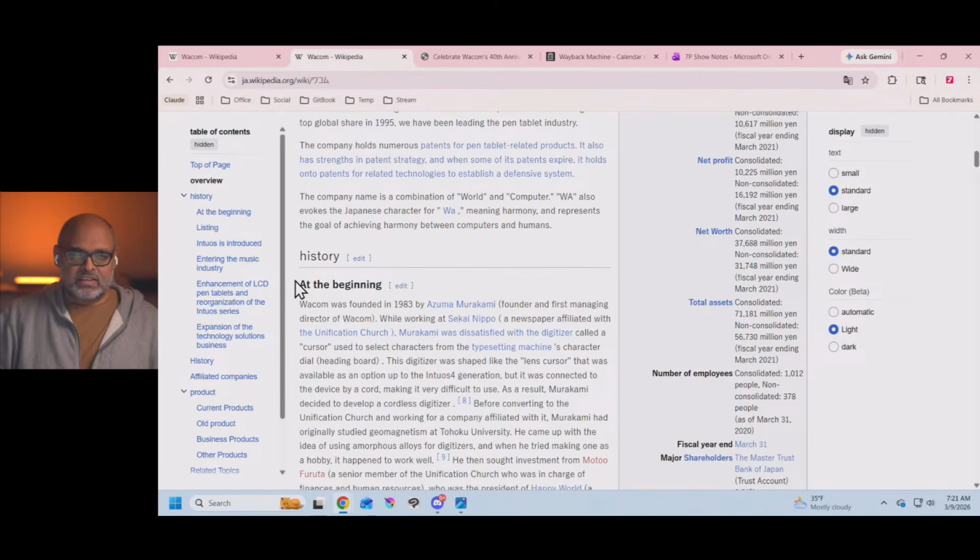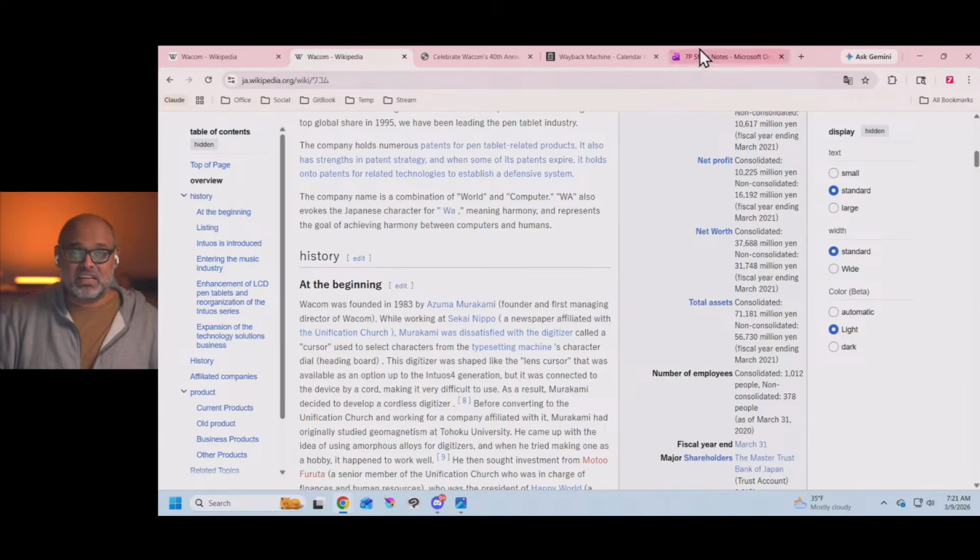So, in the beginning, I love this. It's like related to the Moses stuff, right? In the beginning, that's like the first line of Genesis, Wacom was founded in 1983.